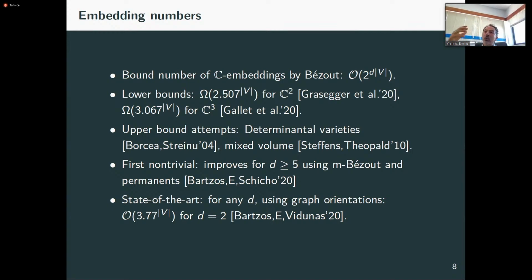And when applied to graph orientations, it gave us the first non-trivial upper bound, even for dimension equal to 2, which is 3.77 to the v, better than 4 to the v, still far away from the lower bound. And actually today, I'm going to start from this result and show how it can be used to bound the multi-homogeneous number of a large class of algebraic systems, not necessarily related to graph problems.